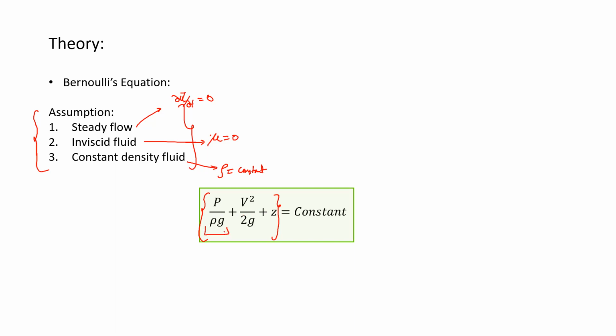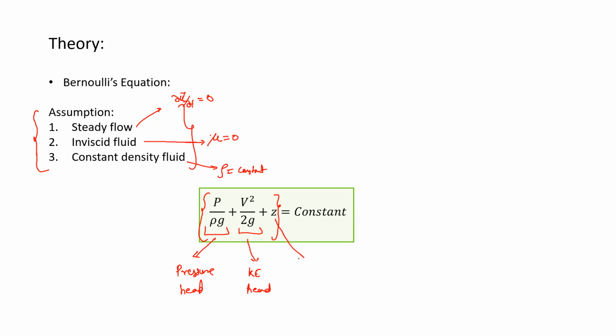Here the first term represents the pressure head. This is P upon rho g, where P is your pressure, rho is the density, and g is the acceleration due to gravity. It is usually called the pressure head. V square by 2g is nothing but the kinetic energy head, KE head.